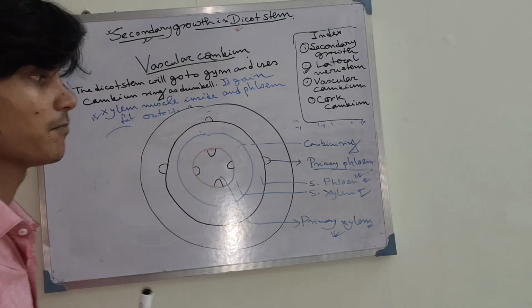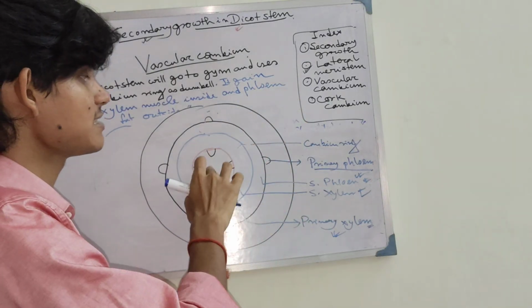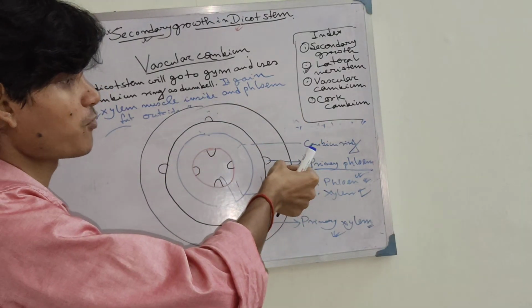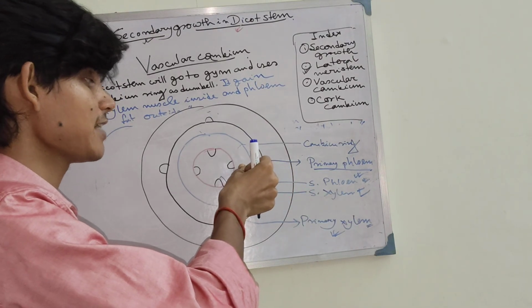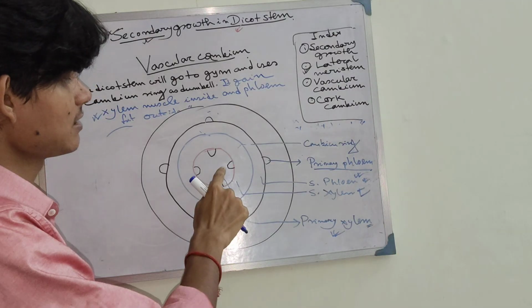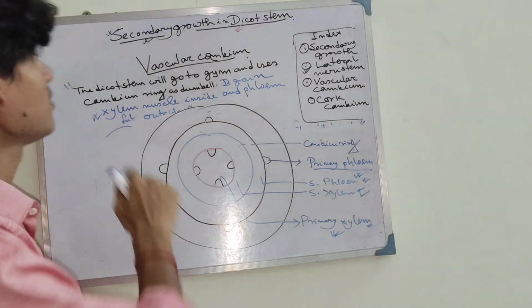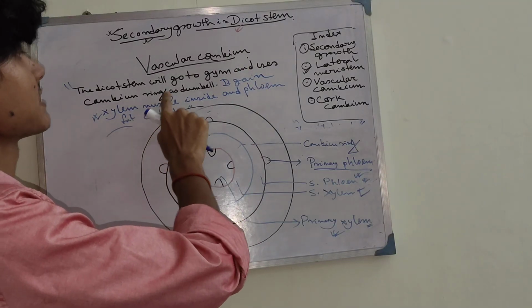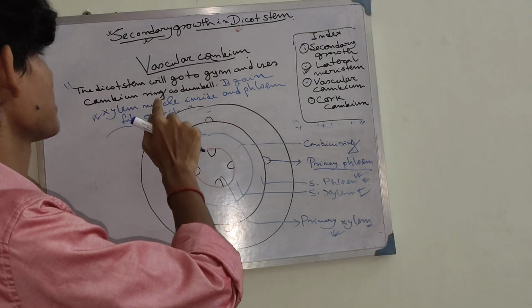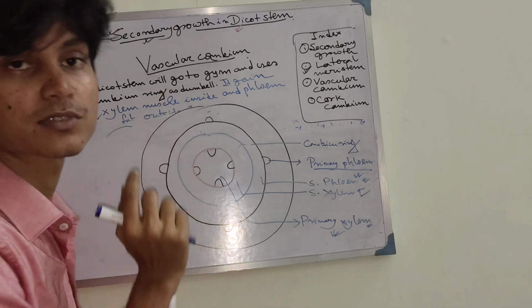So the dicot stem goes to the gym and uses the cambium ring as a dumbbell. It gains xylem muscle inside and phloem fat outside.